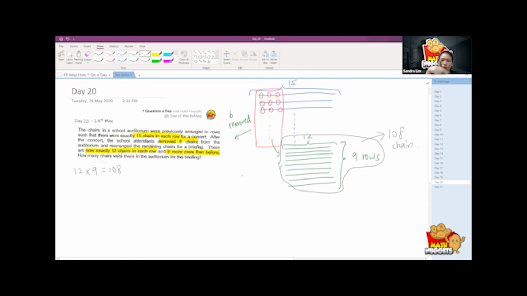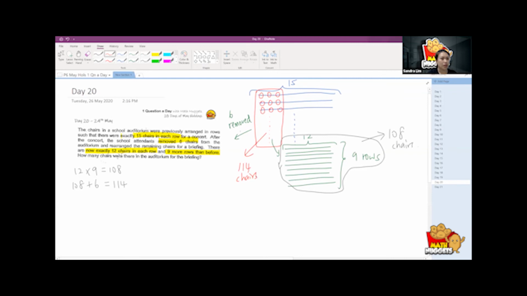Okay, now I'm trying to find the red part first. How do I go back to the red part? These 108 chairs that form the new rows, I need to add back the 6 chairs that were taken out, right? I take them back. I'm working backwards now. So this 108, I put back the 6 chairs. I take them back at 114 chairs. Meaning the red part here consists of 114 chairs.